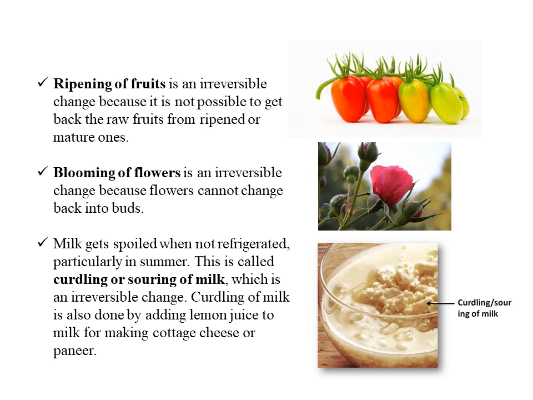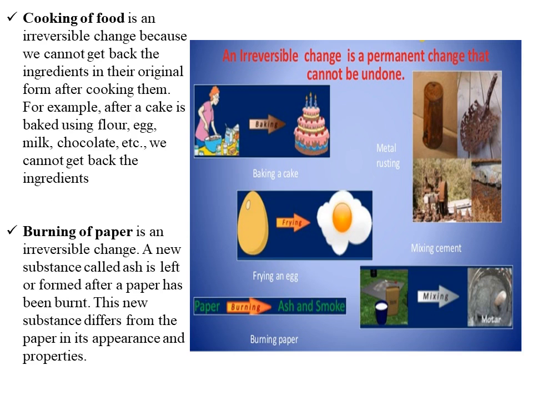Now comes the next two examples, with pictures. That is cooking of food. It is an irreversible change because we cannot get back the ingredients in their original form after cooking them.